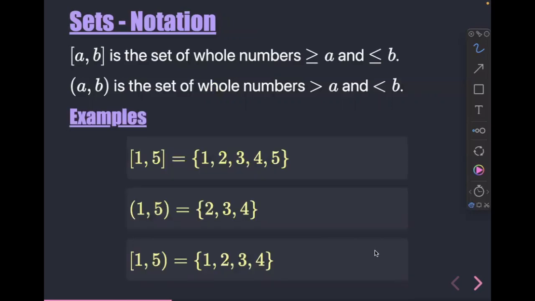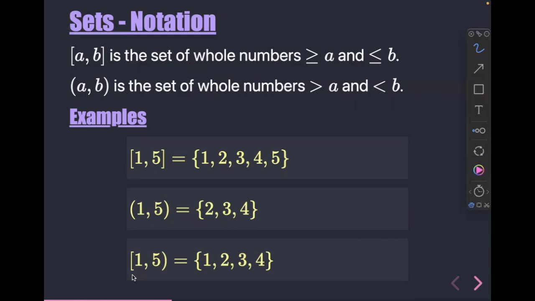An example: with the hard brackets 1 to 5, we're including 1 and 5 and every number in between. But with the parentheses 1 to 5, it's just going to be 2, 3, 4. So it's the numbers between 1 and 5, but not the numbers themselves.